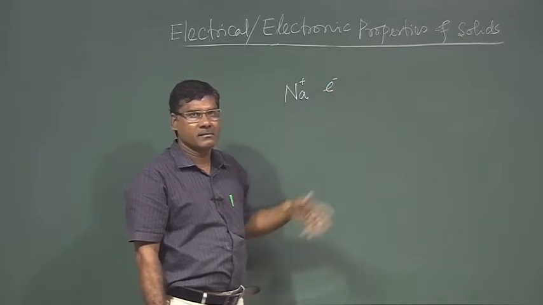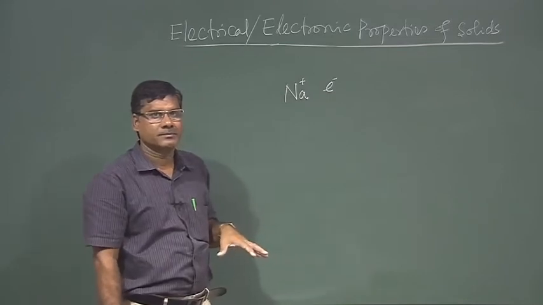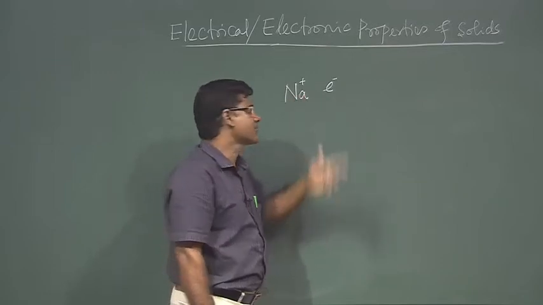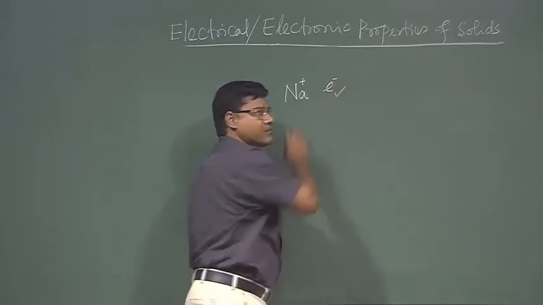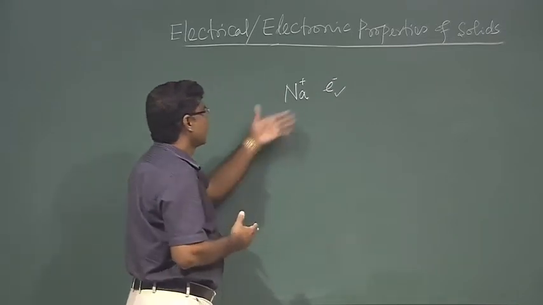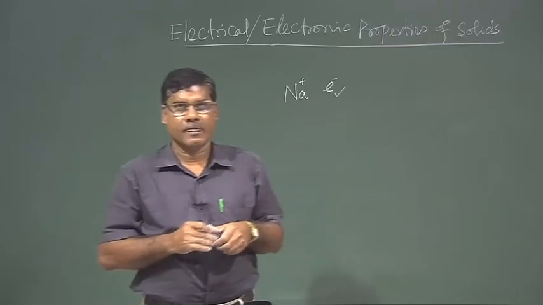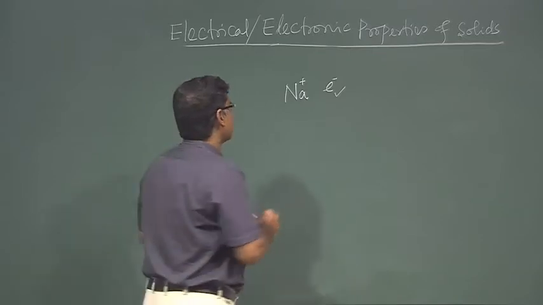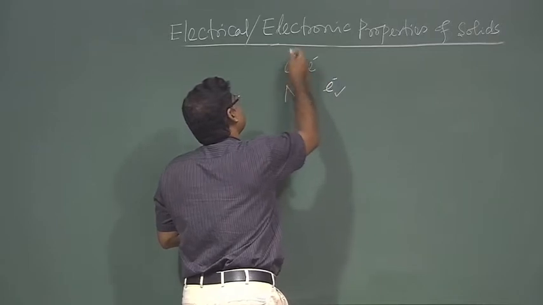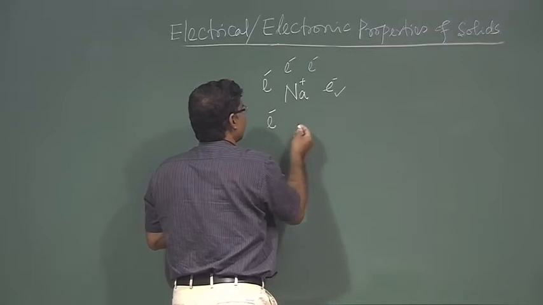In metal they are in solid, crystalline form. Each sodium gives one electron in the system, right. So, we have many sodium atoms in the crystal, so we have many electrons. These electrons can move throughout the crystal, throughout the solid, right.